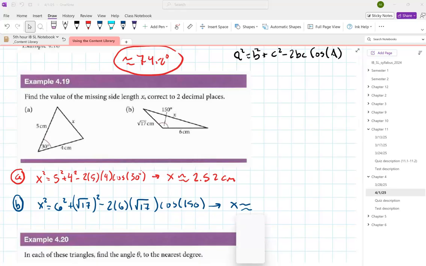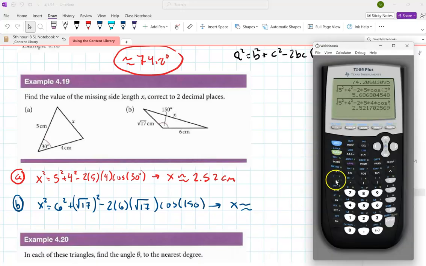So again, I'm going to write it down like this. I'm just going to type the square root, though, into my calculator. And I'm not going to bother to write the square root of 17 squared, I'm just going to write 17. Is that okay with everybody? I'm not making a typo. I'm doing that part, at least, intentionally. This time I'm going to remember to type all the numbers, though.